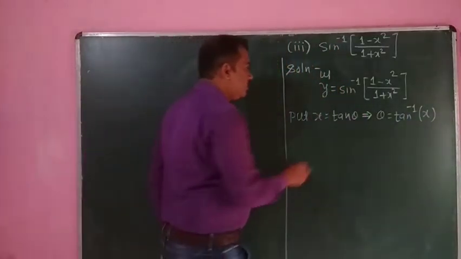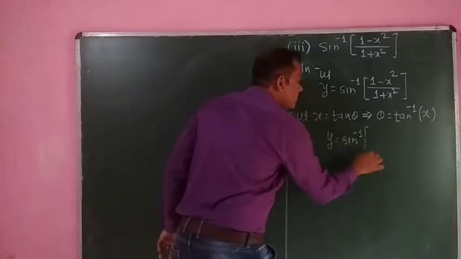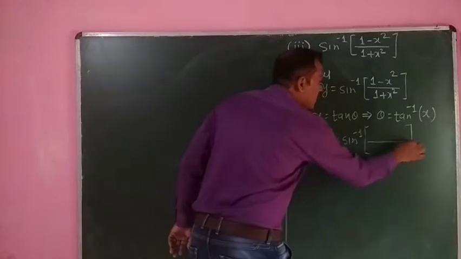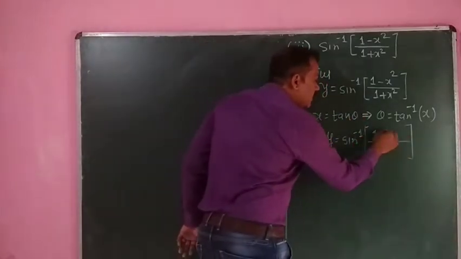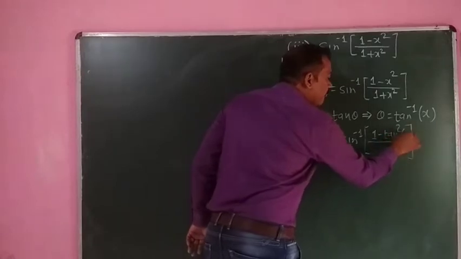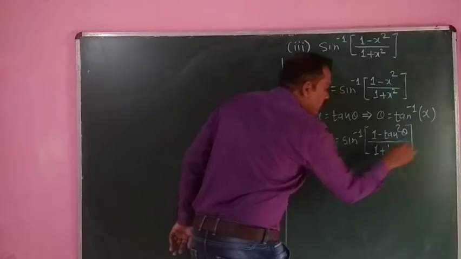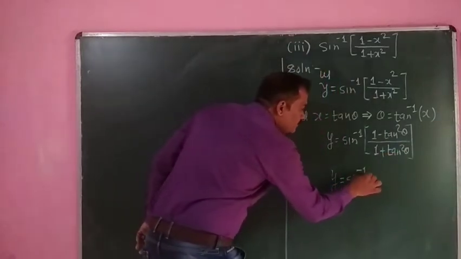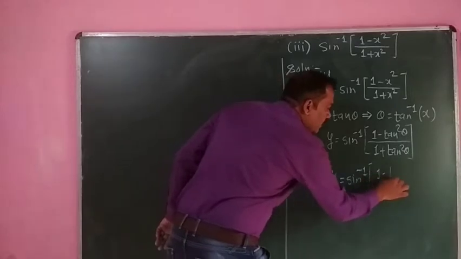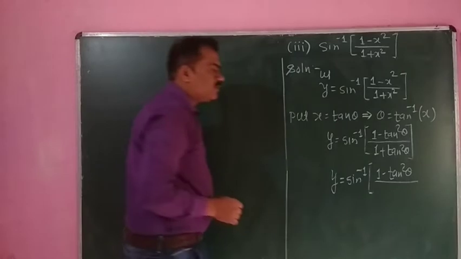Now put x is equal to tan theta, we get y is equal to sin inverse of 1 minus tan square theta divided by 1 plus tan square theta.